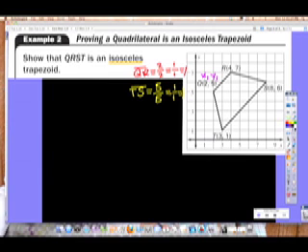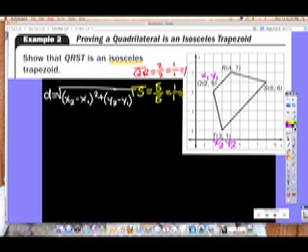So subtract your x coordinates and then square them, and then add the difference of the y's, squared. Again, I like to label them so I don't mess this up. So x2 minus x1, 3 minus 2. Don't forget to square it. Plus y2 minus y1, 1 minus 5. Again, don't forget to square it.